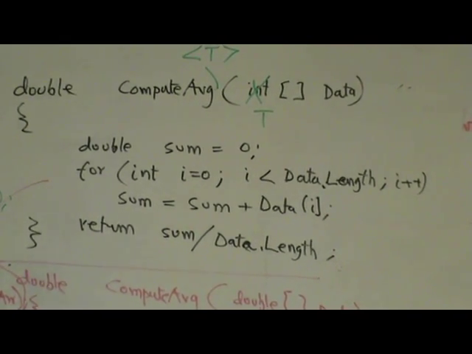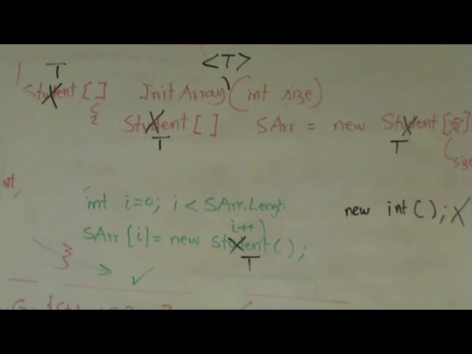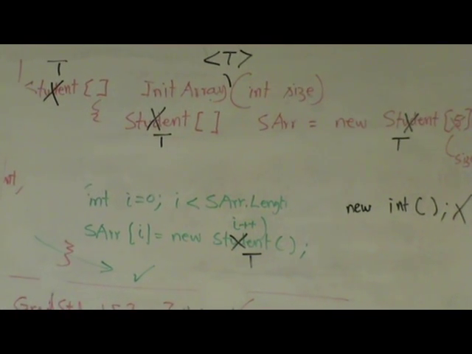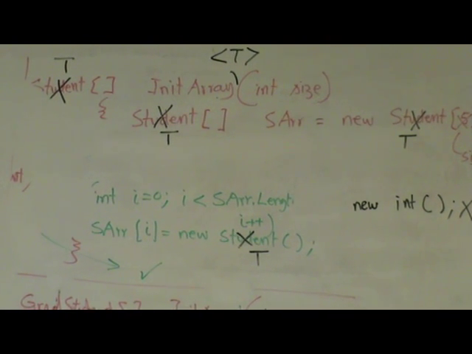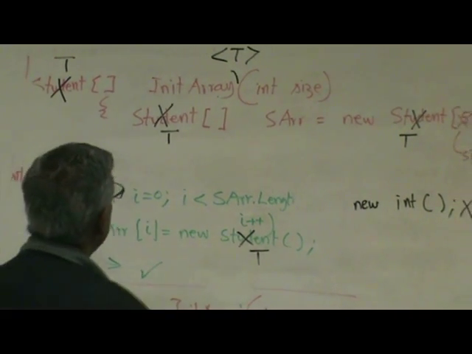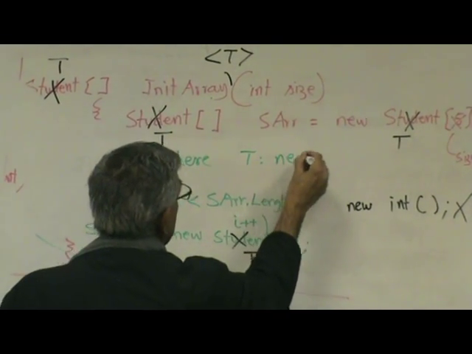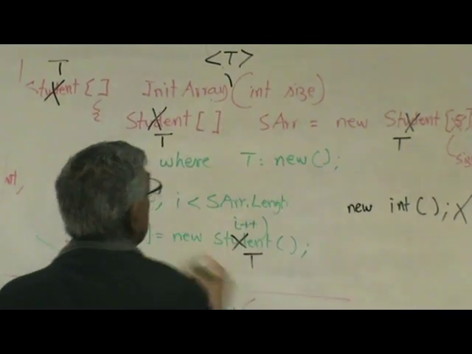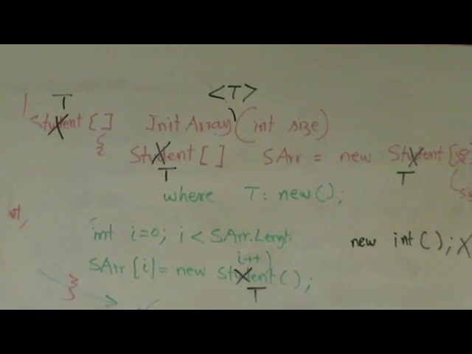See, previously we said that the data type has to provide a constructor, right? And which data types have constructors? Classes. Yeah. So in other words, when we said where T new, essentially we meant type T has to be a class. Otherwise you cannot call the initArray, right?